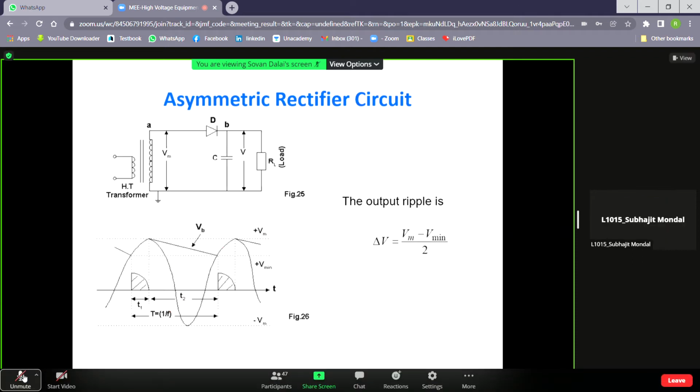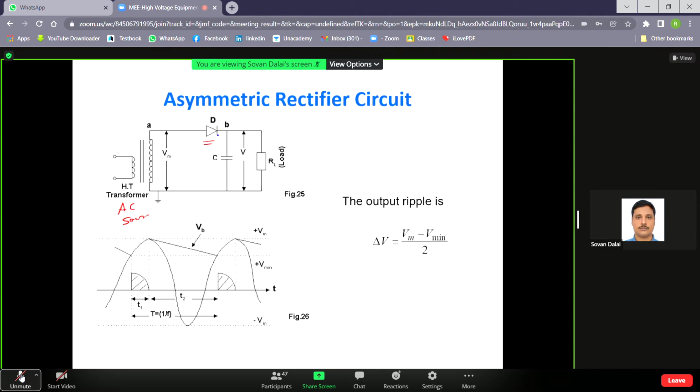This circuit is a single phase half wave rectifier. This is a very common thing. All of you are familiar with this type of circuit, that is a single phase half wave rectification scheme. In this scheme, you see that a transformer is there, that is the AC source, and the diode is used for the rectification purpose.